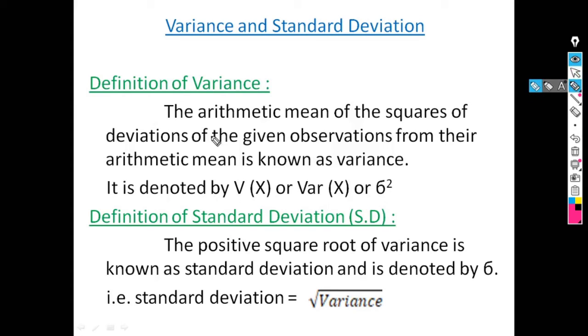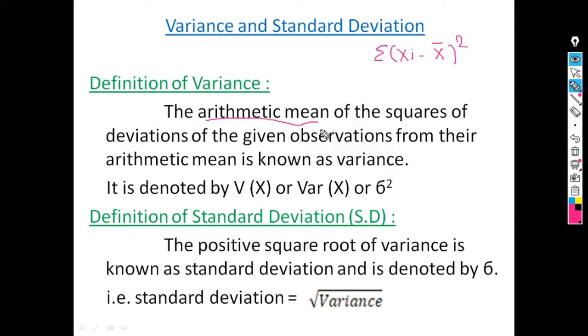So the definition is, it is the arithmetic mean of the square of the deviations from their arithmetic mean. From each observation we have to subtract x bar.